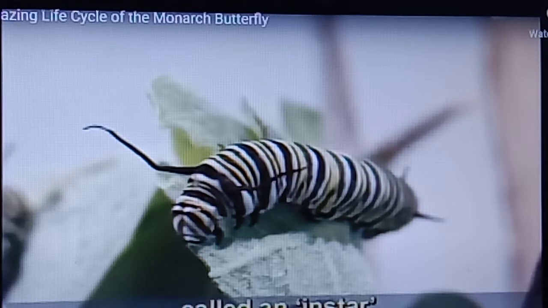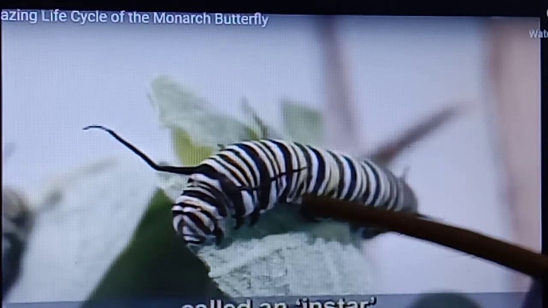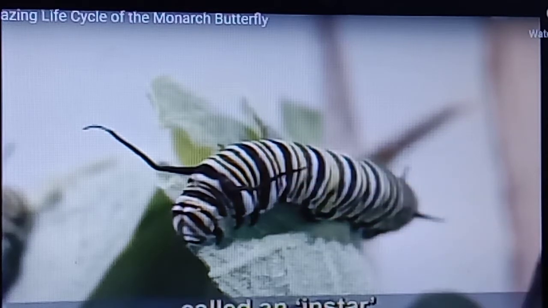Then the caterpillar sheds the old skin. That means the old skin, or upper skin, will fall off. Shedding of the old skin, we call it molt. What is molt? Molt means shedding of old skin or falling of upper skin.